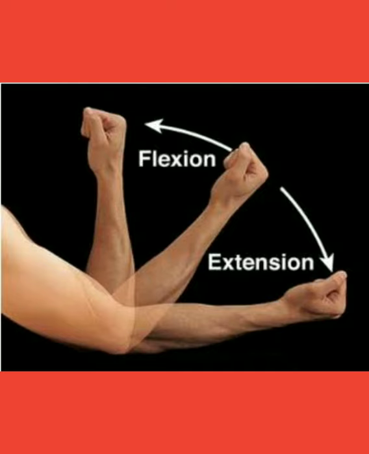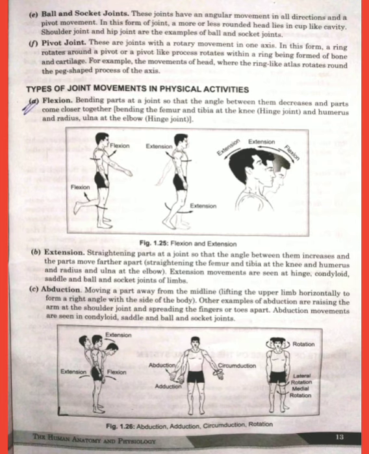Next is types of joint movements in physical activities. So first one is flexion movement. So here at the joint, when we bend that part and the angle between them decreases and the parts come closer, then we can say it is flexion movement. As in figure 1.25, you can see the flexion movement, which is between the femur and the tibia at the knee, and the humerus and radius ulna at the elbow.